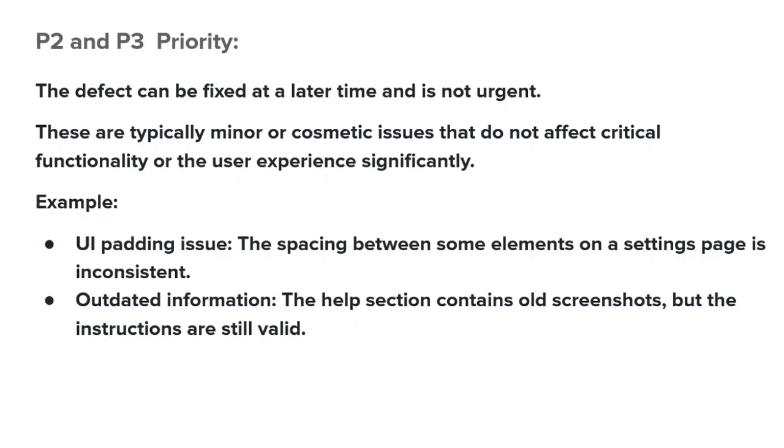Such P2 and P3 issues sometimes can be fixed in further releases as well. They will not be fixed immediately in the current release, but they will be fixed in some later releases. So whenever you find such issues, depending on the urgency, we have to mark the priority.